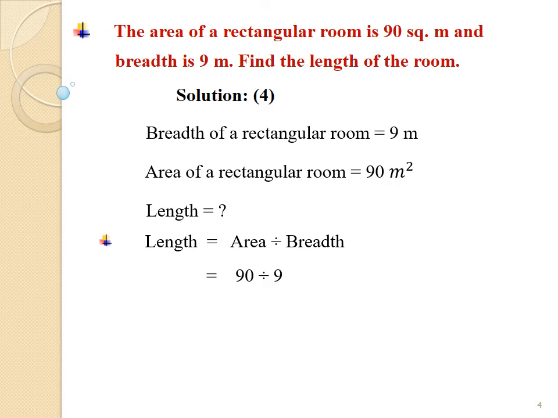Now, dividing 90 by 9, we get 10. Thus, the length of a rectangular room is 10 meters.